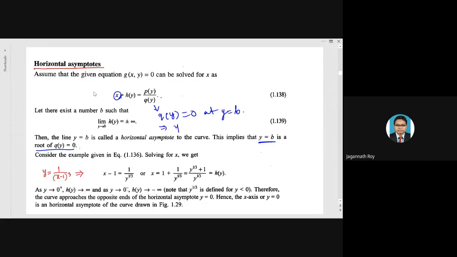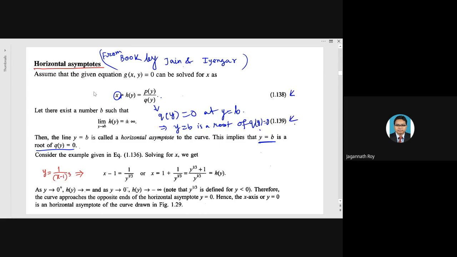That means y equals b is a root of q(y) equals 0. These ideas are from the Jain Anger book, which is why I have kept the equation numbers.